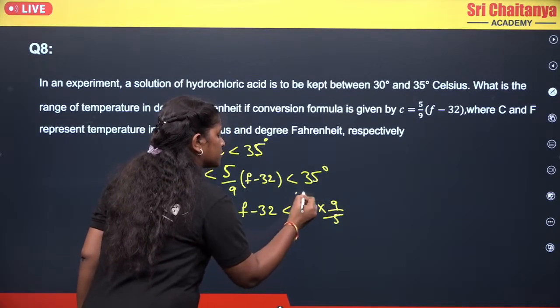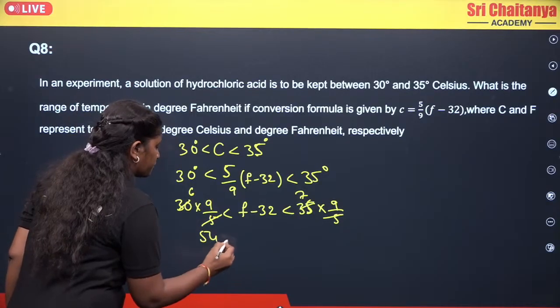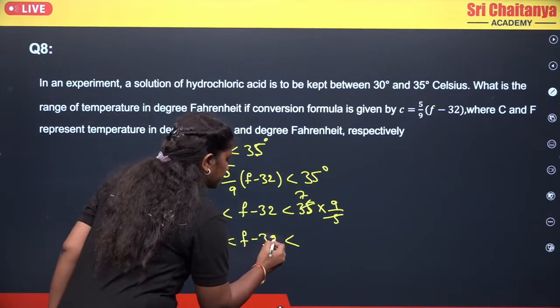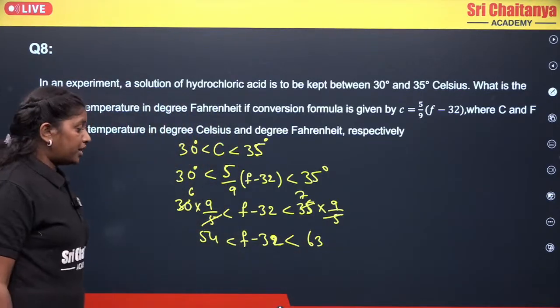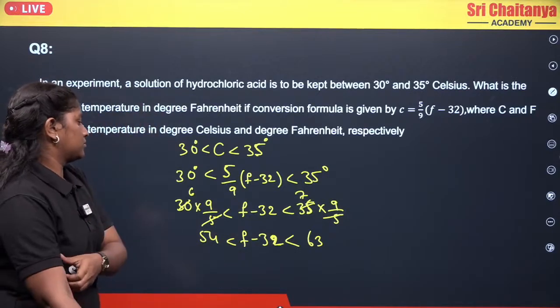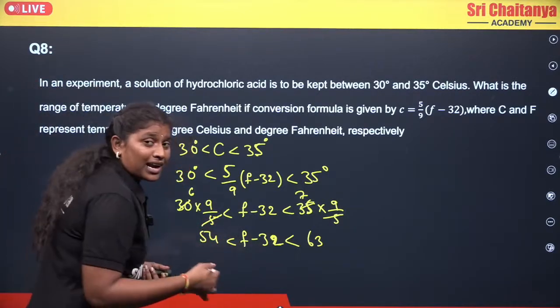So 6 times 9 is 54 and 7 times 9 is 63. So it becomes 54 less than F minus 32, less than 63. Now we need to eliminate the 32. How can we eliminate the 32? We need to add 32.